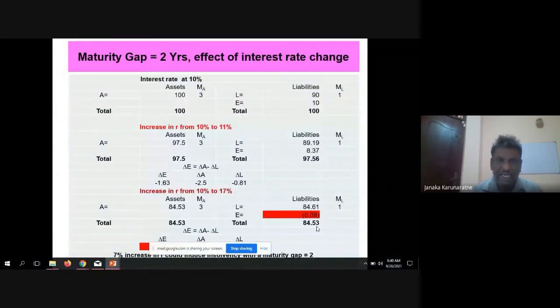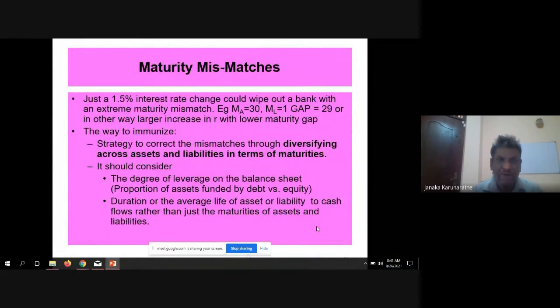But if you look at the maturity gap model, two major problems were that we don't consider the degree of leverage, that is the debt and equity ratio, and also that in reality the stated maturity is not the real maturity.